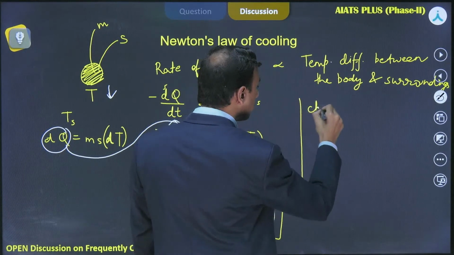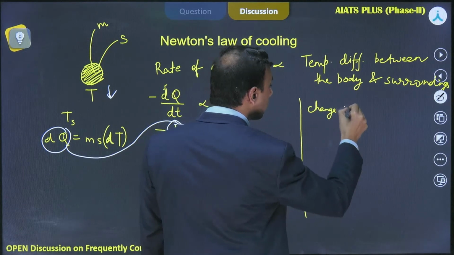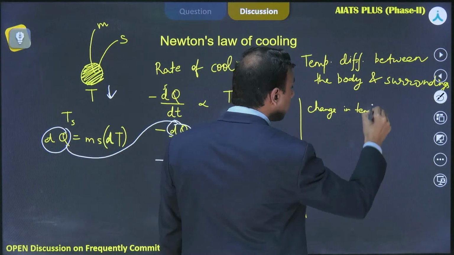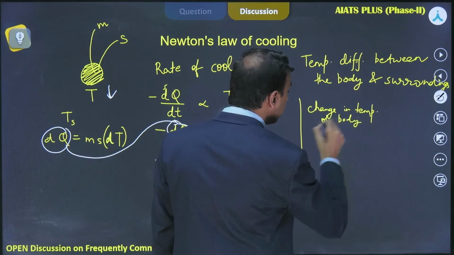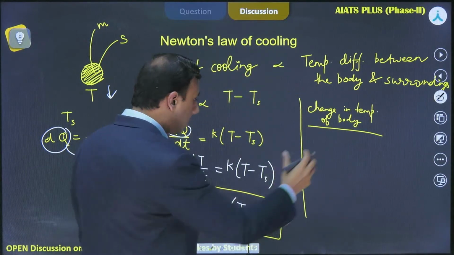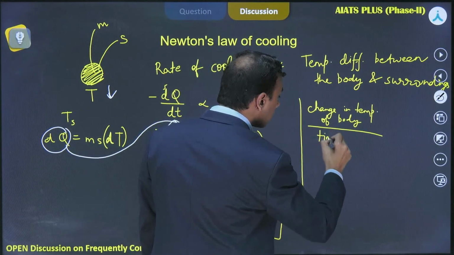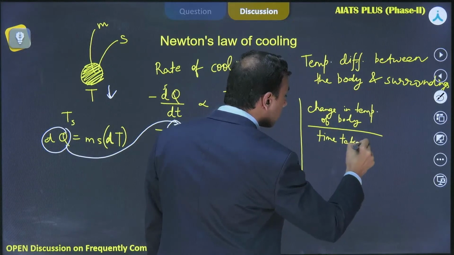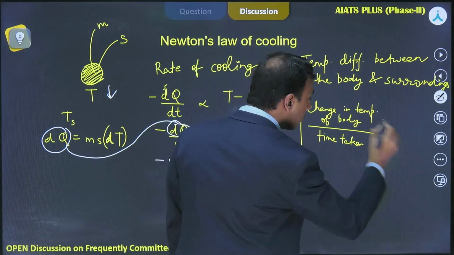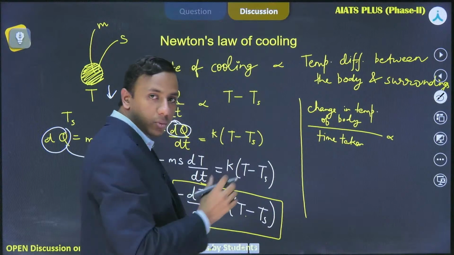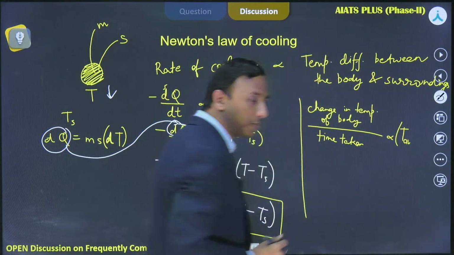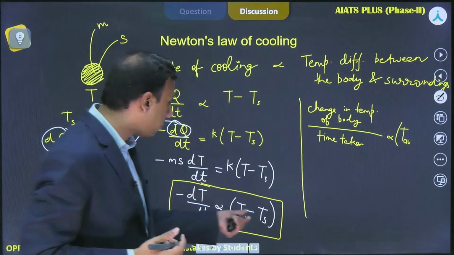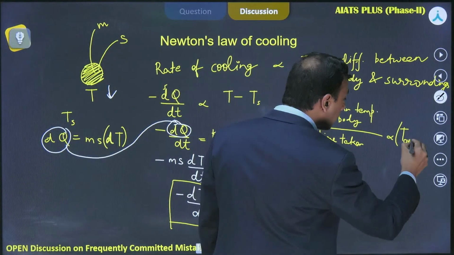Change in temperature of body upon time taken is proportional to T minus Ts. T is what? T average, the average temperature of the body, minus temperature of surroundings.